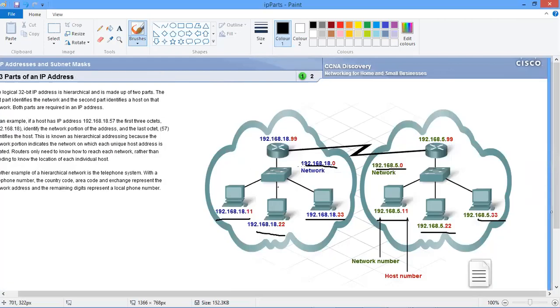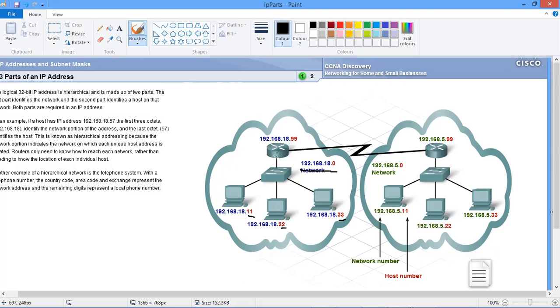So when you have all 255 in your host ID, what does a broadcast address do? You see, this is a network, 192.168.18.0. If you tell an IT person that this network is 192.168.18.0, the person will understand that the host can take 1.1. You can take 11, you can take 22, you can take any one.